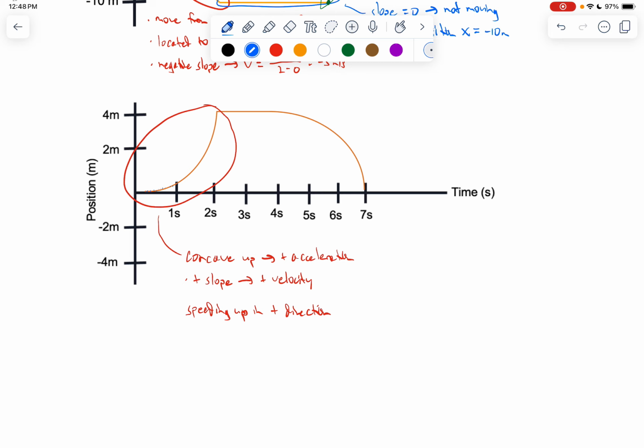But then as our slope gets larger and larger for that concave up, our slope at this point up here is going to be much larger than our slope here. Because we have a greater slope, we're covering more ground in that same 1 second time interval, so we're going to be getting faster as we go along.